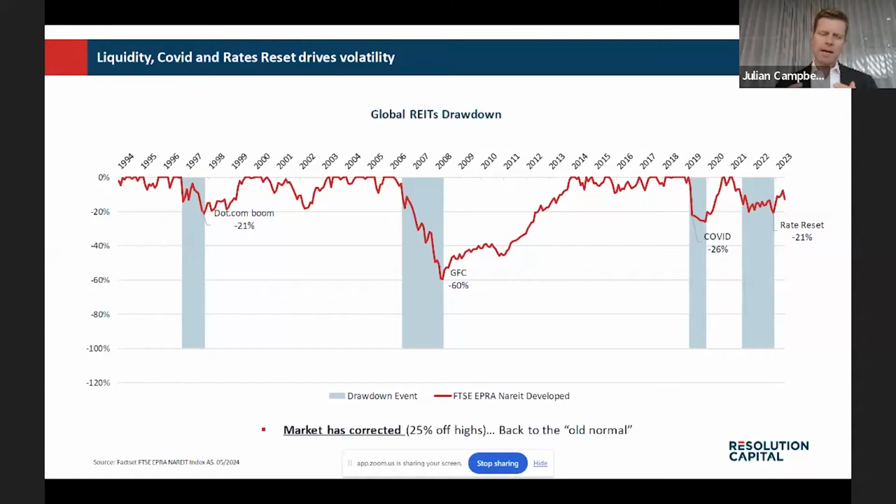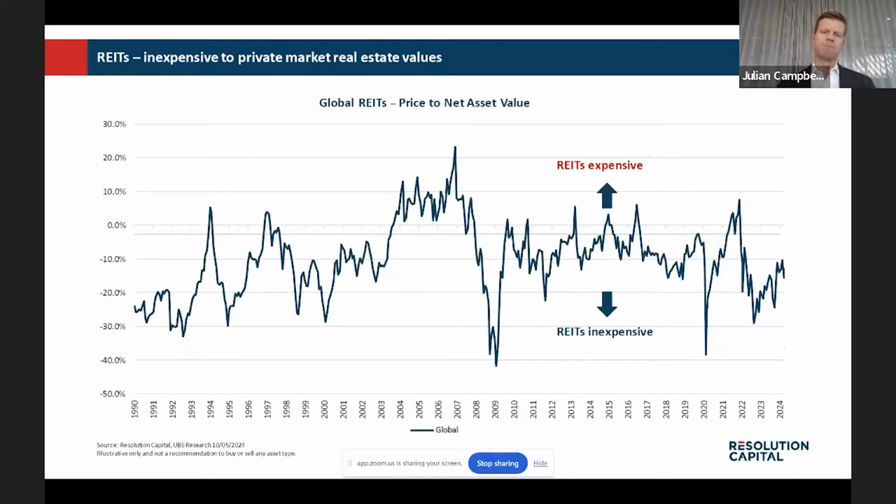When we look at the recent performance experience and valuation at different limelight, clearly the sector's had an unusual period. So over the last 30 years, to have 2 drawdowns of the quantum we've seen has been historically unusual. So the sector is at least 25% off its highs. It is now adjusted to the post-QE and higher interest rate environment, and we think it's absorbed that impact fairly well.